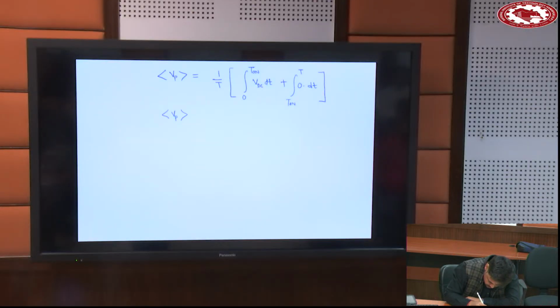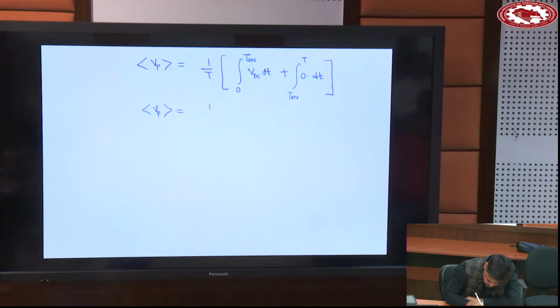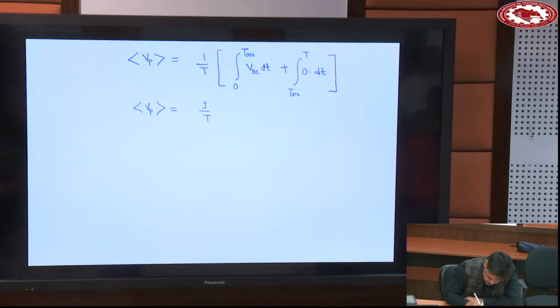Now I am writing each and every expression keeping in mind that the undergraduate students are there. If MTech students are there, then I can skip this. I am writing each and every step. So this is VDC, it's constant, and this is T on.